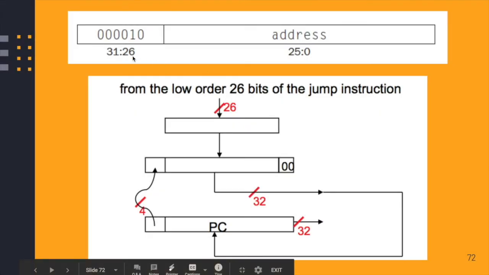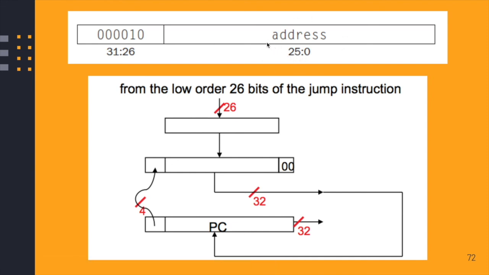As you can remember, this is the jump instruction, this is the opcode, and this is the address. And we told you this address is a word address. So let's assume this box has the 26 bits.